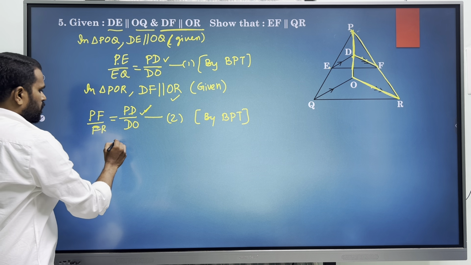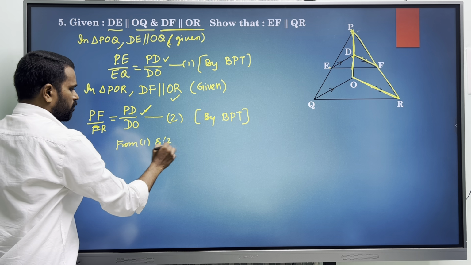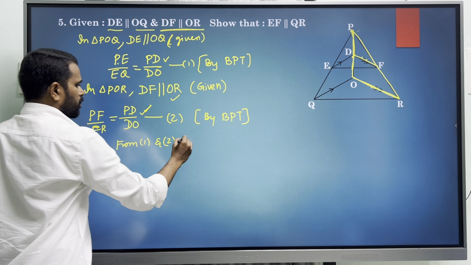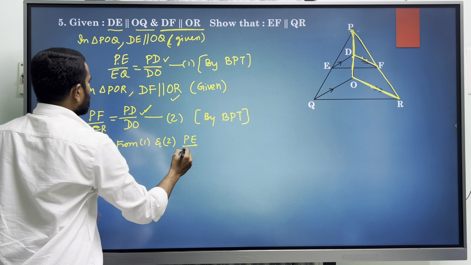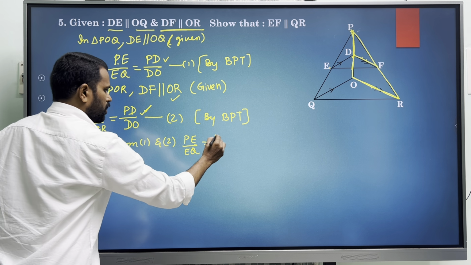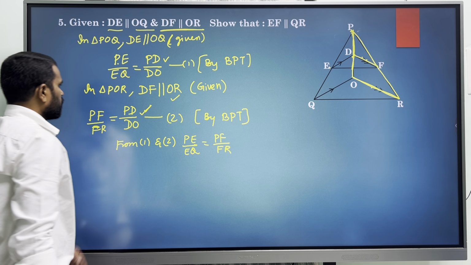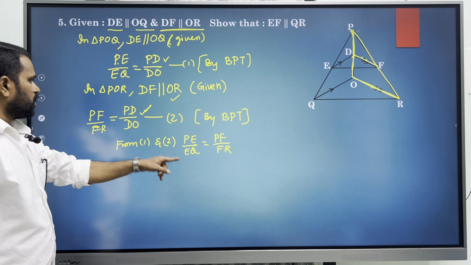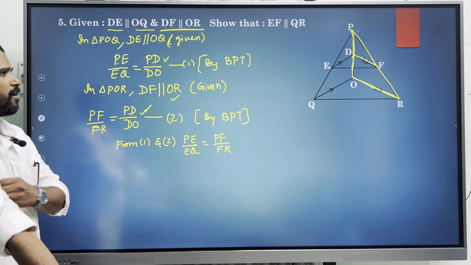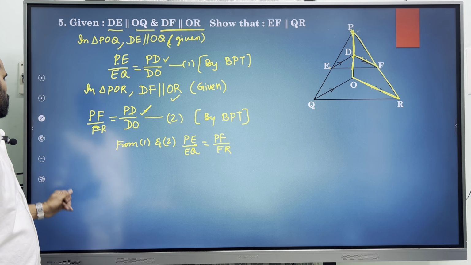So therefore, from 1 and 2, PE by EQ equal to PF by FR.